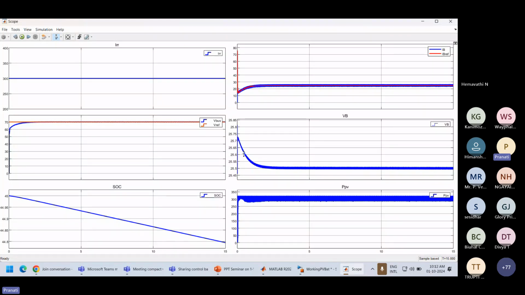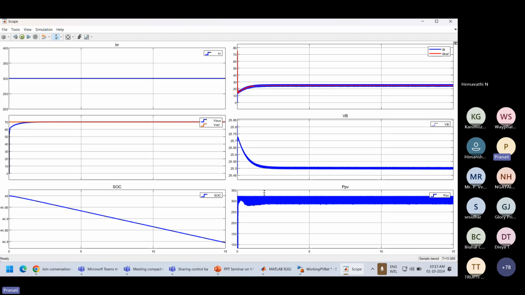At 300 watt per meter square, the battery is discharging. That is why the battery voltage is decreasing. Then it is PV power.